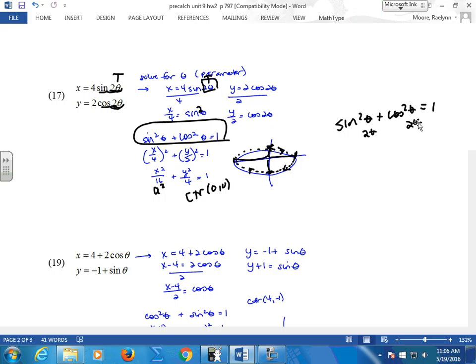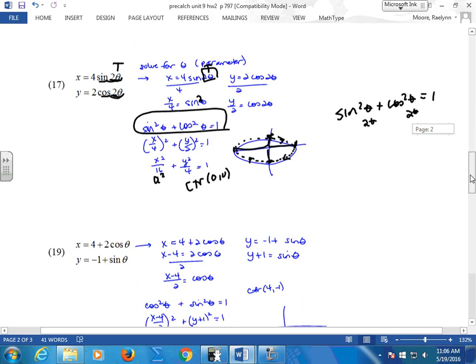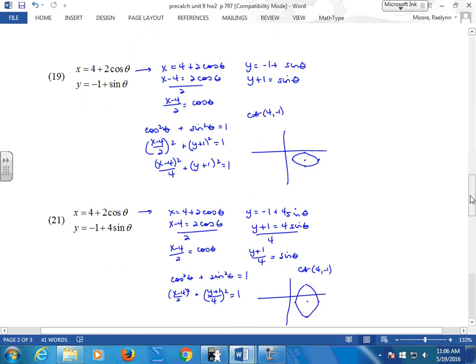Okay? So then we had another similar one. We had this guy. We do it the same way. It's going to give us an ellipse whose center is a little off-center, and major axis would be the x-axis. So 2, 2, 1, 1. If you graphed your parametric, you'd get that ellipse.